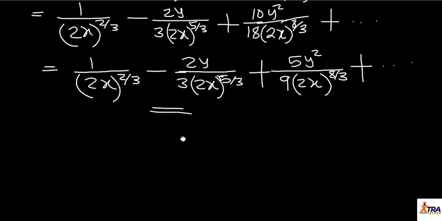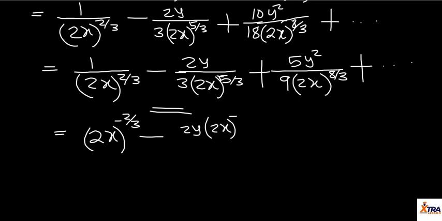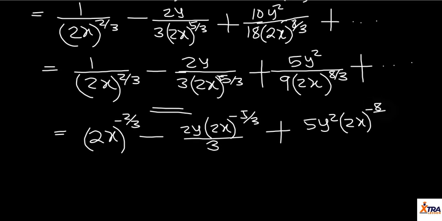I can decide to introduce my knowledge of the negative index law from indices and say this is 2x all raised to the power minus 2 over 3 minus 2y into brackets 2x all raised to the power minus 5 over 3, over 3. And then we have here plus 5y squared times 2x all raised to the power minus 8 over 3 over 9.